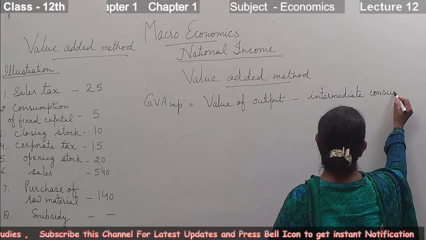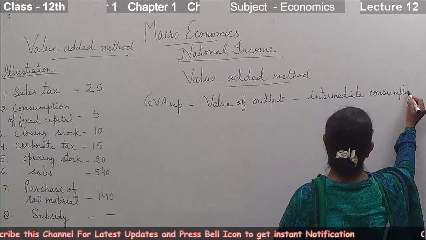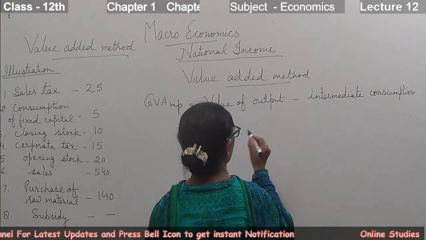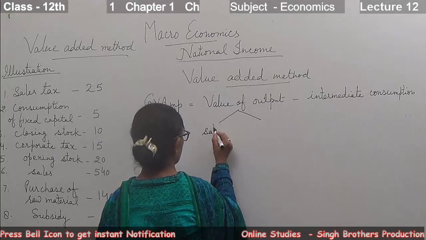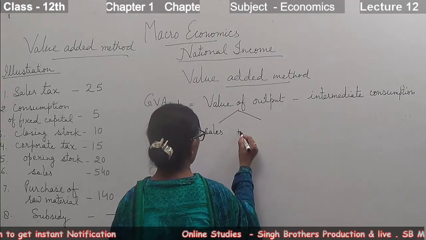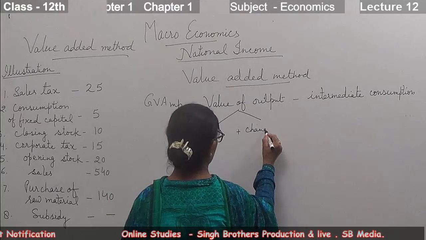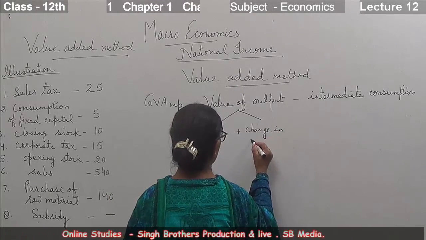Value of output is again divided into two: sales plus change in stock.